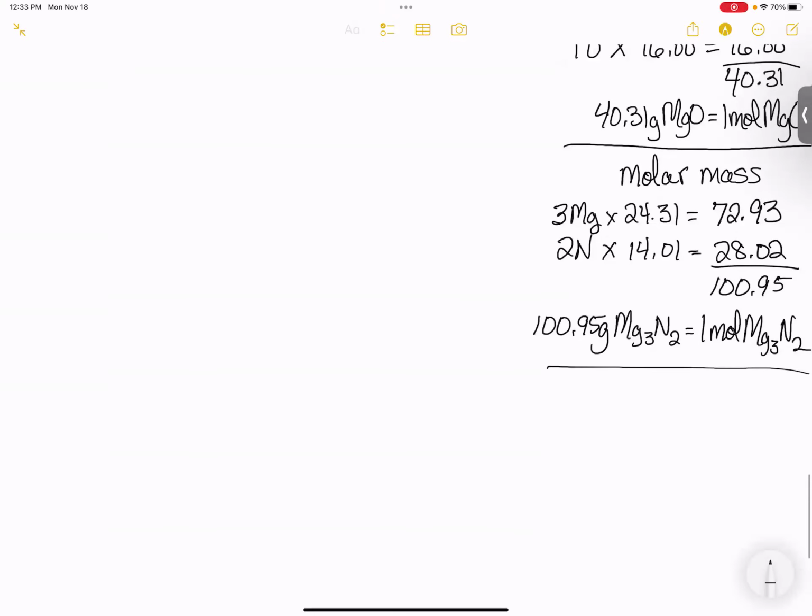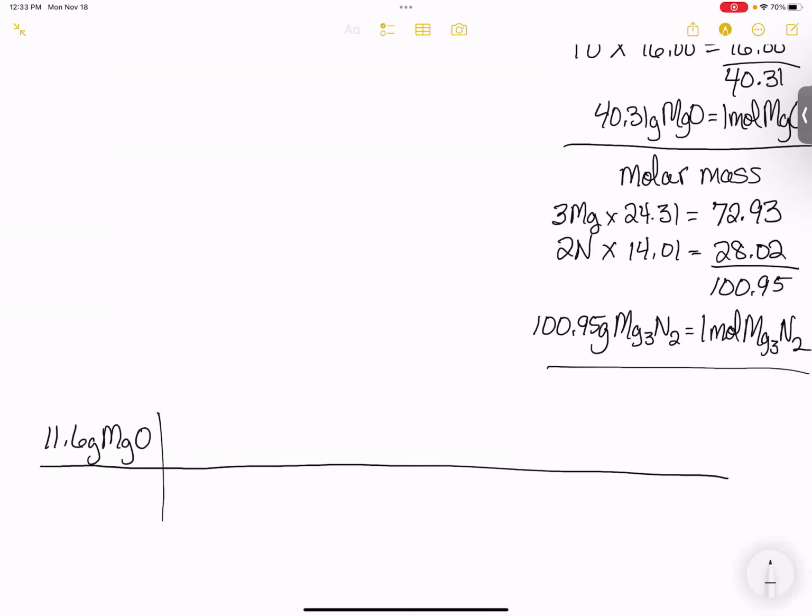So 11.6 grams of magnesium oxide is where I'm going to start. The first conversion factor has to have grams of magnesium oxide. So what is it? The molar mass.